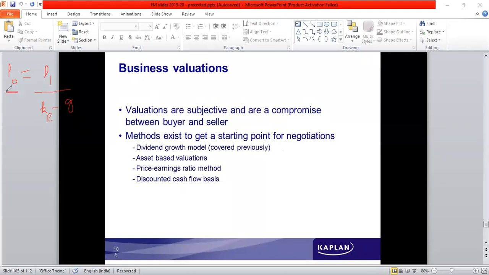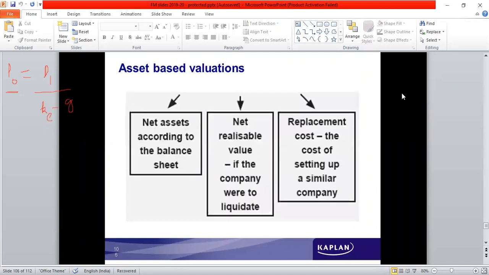The next one we see is asset based valuation. Under that we see net assets are taken according to the balance sheet. Then net realizable value. What is that net realizable value? See, assets are recorded in the books of accounts at their original cost, or what we call historical cost.